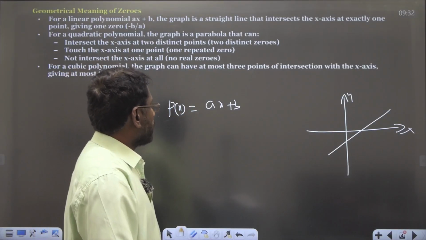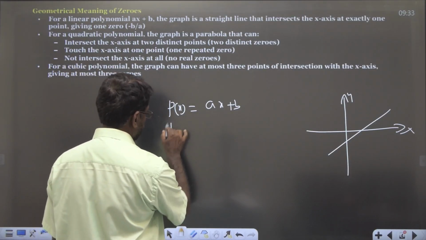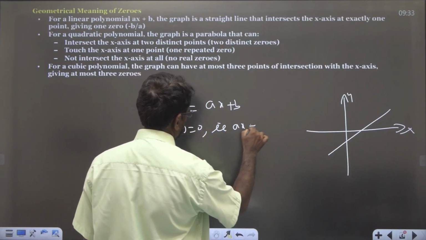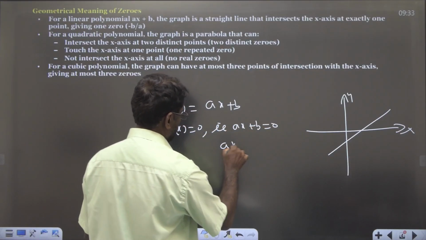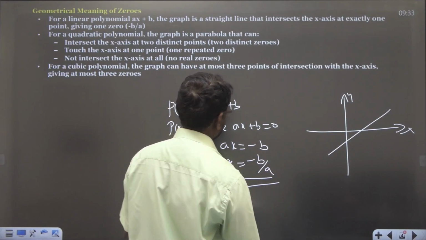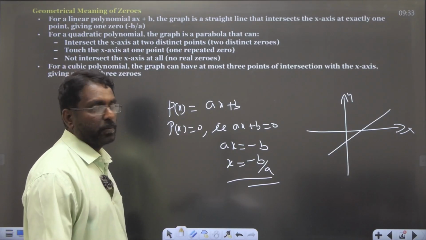That is very simple. You just take p of x equal to 0. That is ax plus b equal to 0. ax is equal to minus b. x is equal to minus b by a. This is the zero of the polynomial ax plus b.